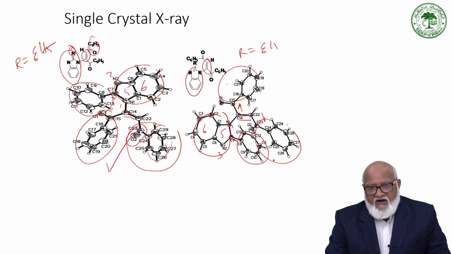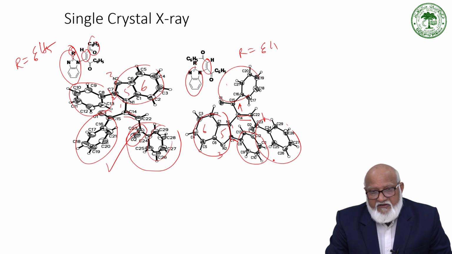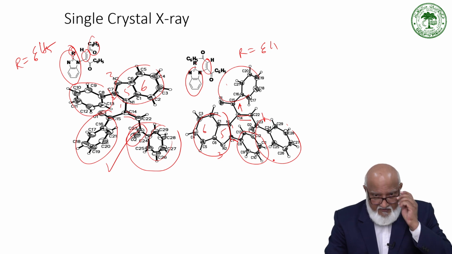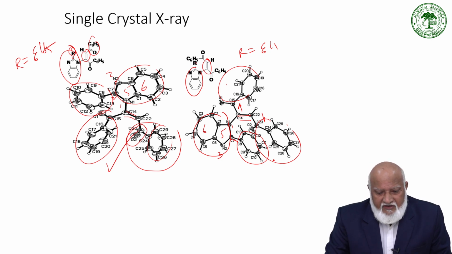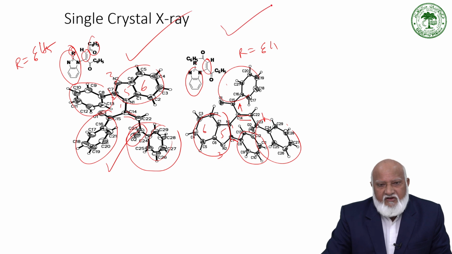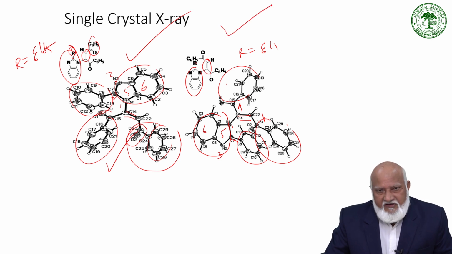So this is the trans isomer, the other isomer of the dibenzoyl acetylene benzimidazole adduct. Its structure has also been well confirmed by single crystal X-ray.